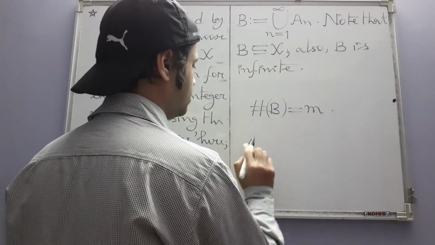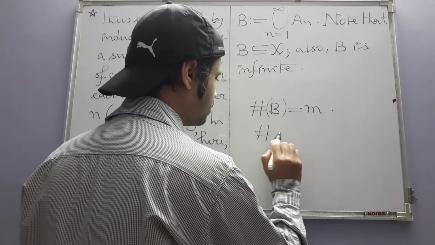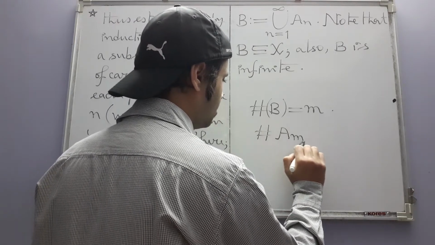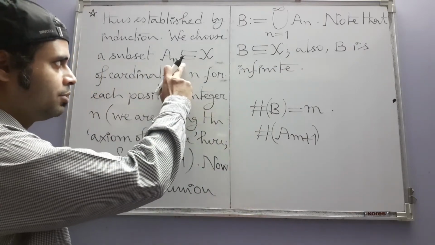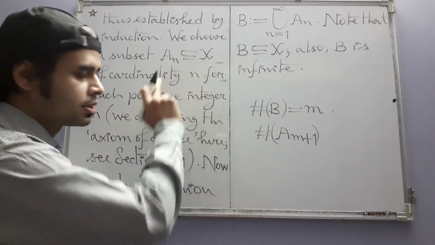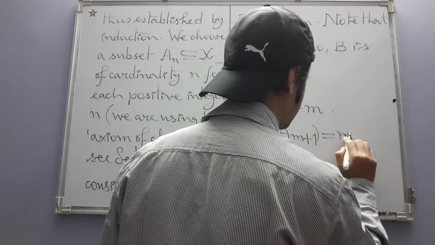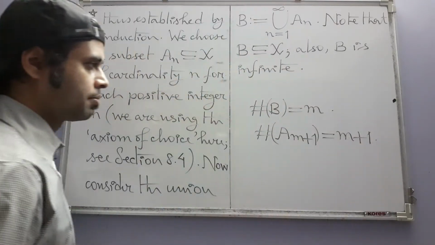But what is the cardinality of A M plus 1? According to how we have made these choices for these subsets, this cardinality is M plus 1.